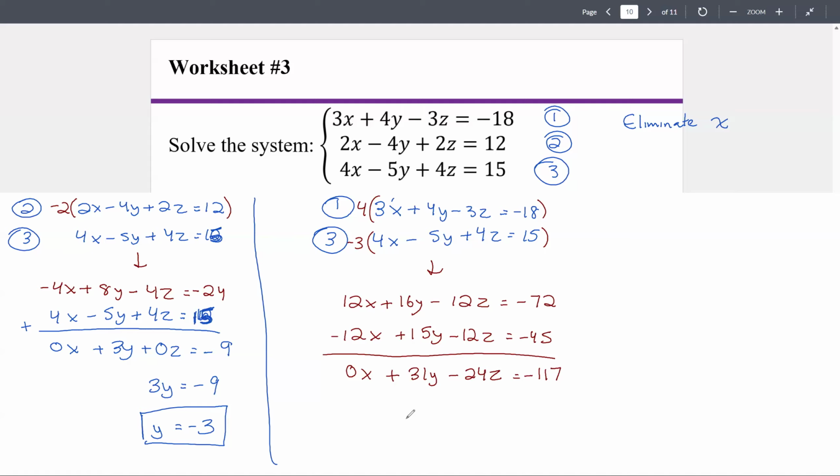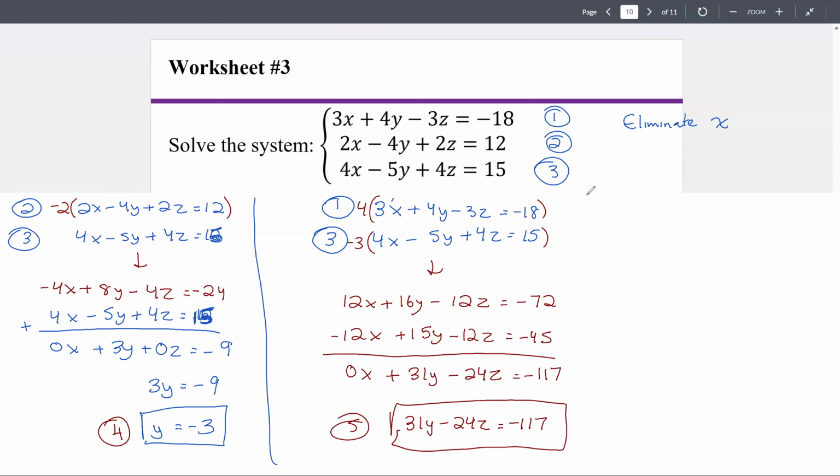So this is my second equation. So this is equation 4, and this is equation 5. Now we have 4 and 5, and we're going to use those to figure out our variables. So we already know that y is negative 3.